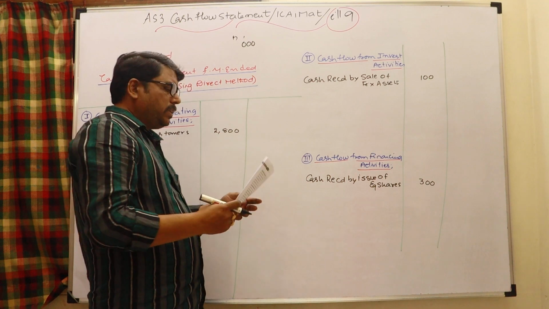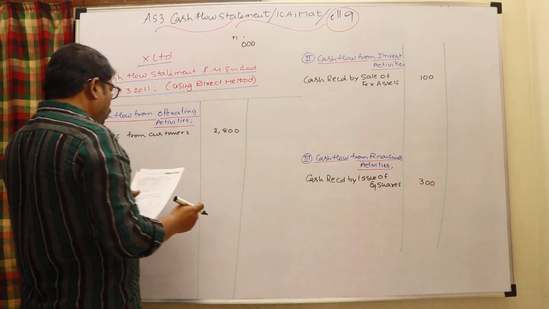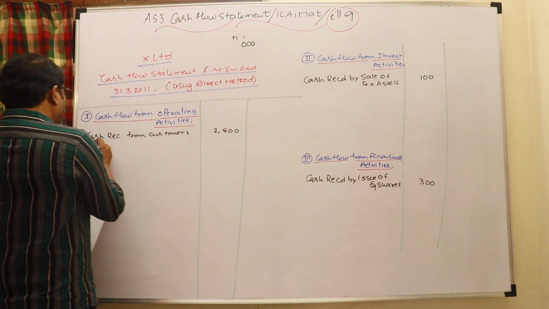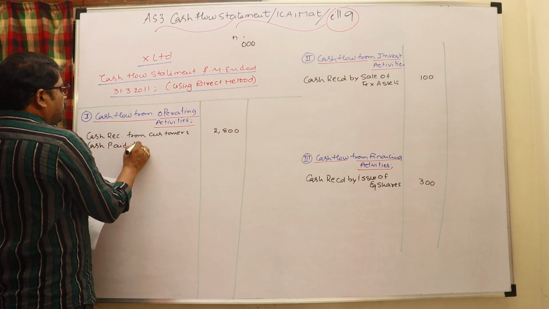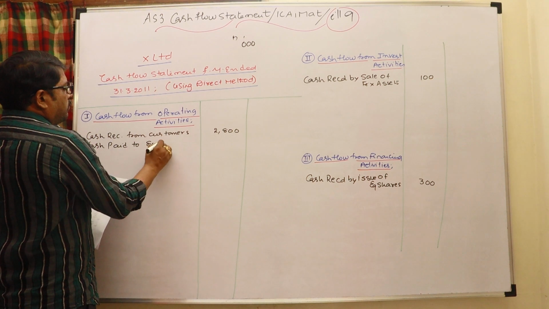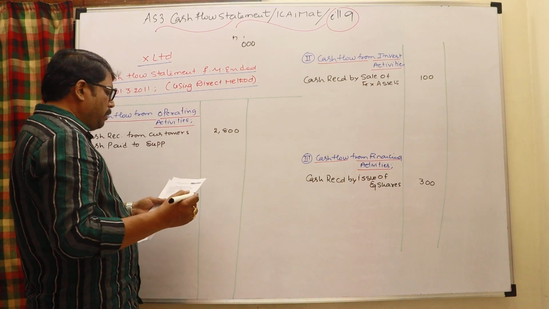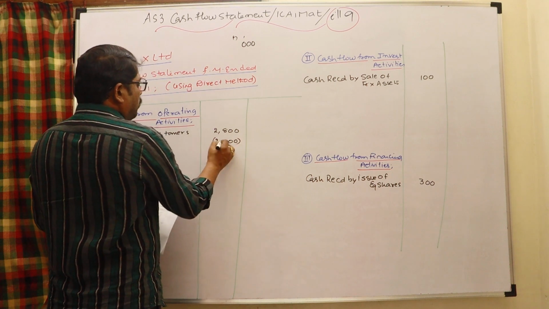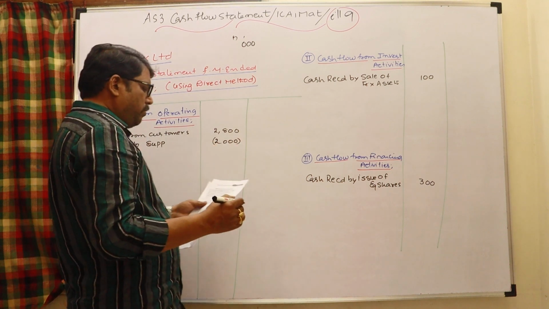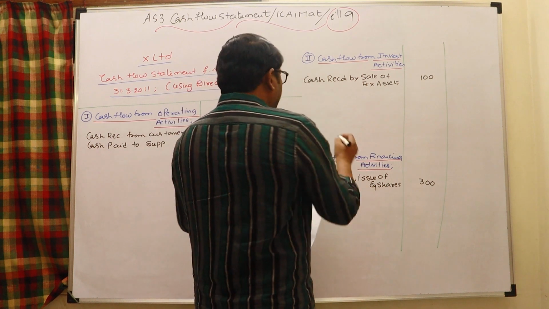Then come to the payment side. Payment to suppliers is an operating activity. Cash paid to suppliers, this is payment towards the purchases, 2000. Purchase of fixed assets, investing activity.